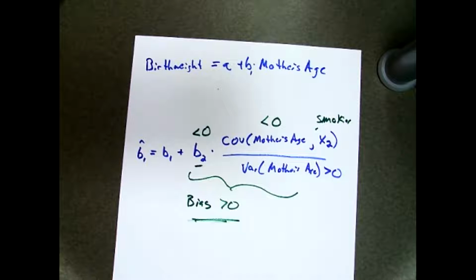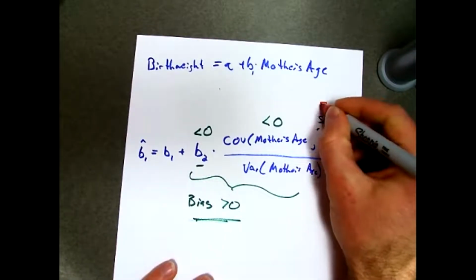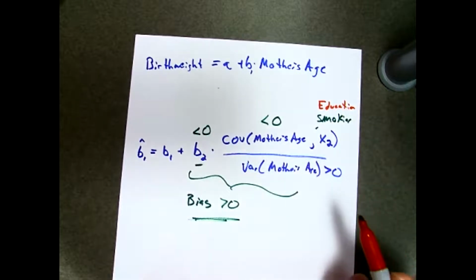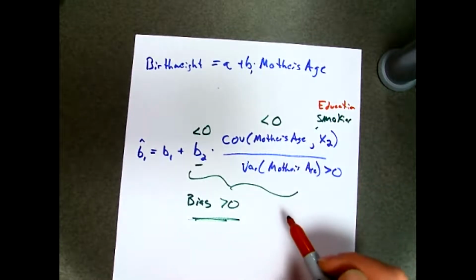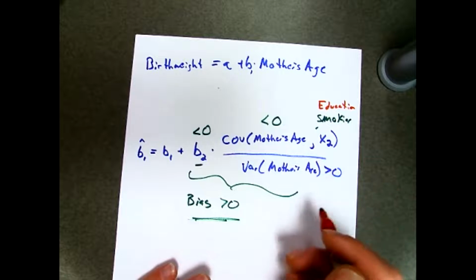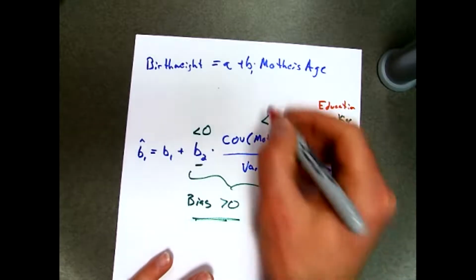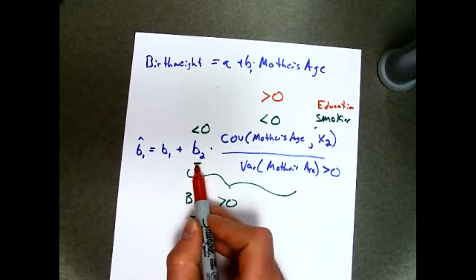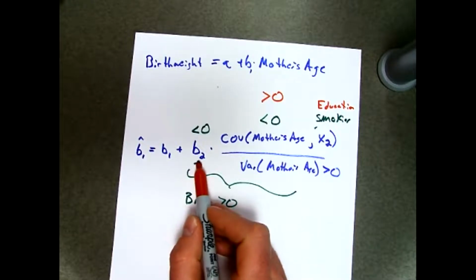Let's say we did education level. What do you think the covariance would be between mother's age and education? As someone gets older, what's more likely? They get more education, right? So you actually would have a positive covariance here. If you include education, what do you think the sign of that coefficient would be?